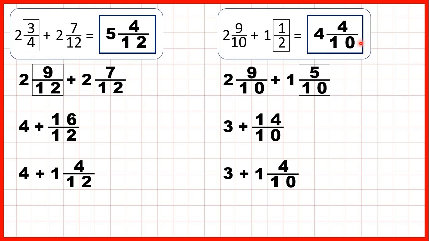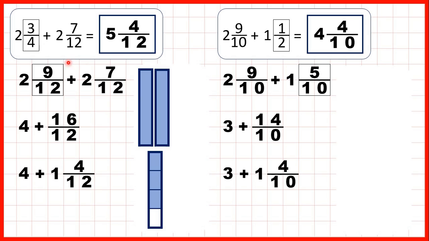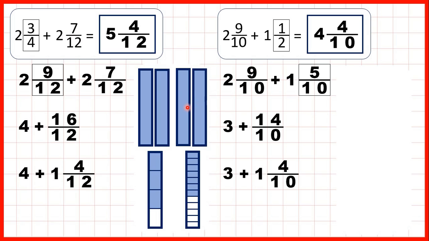So let's see what we did here. We started with 2 3/4, so 2 wholes and 3/4, and we were adding 2 7/12. But we needed to get the denominators the same, so we changed those 3/4 into 9/12.